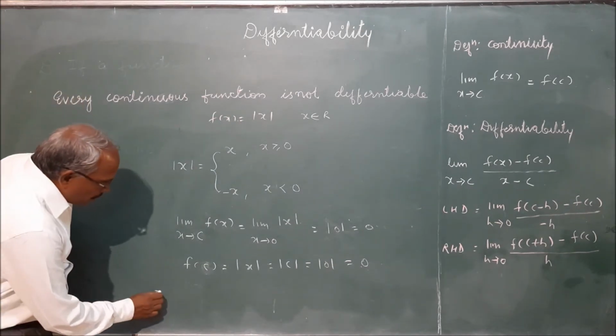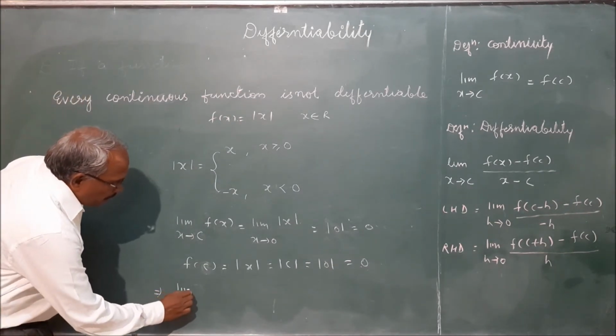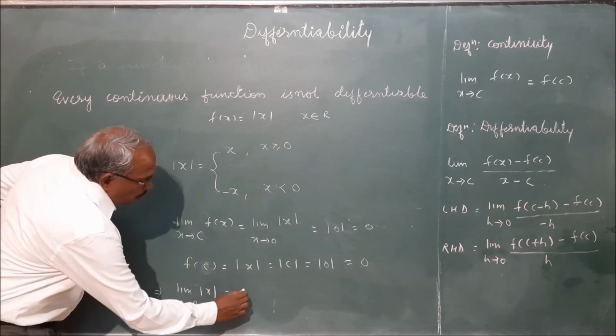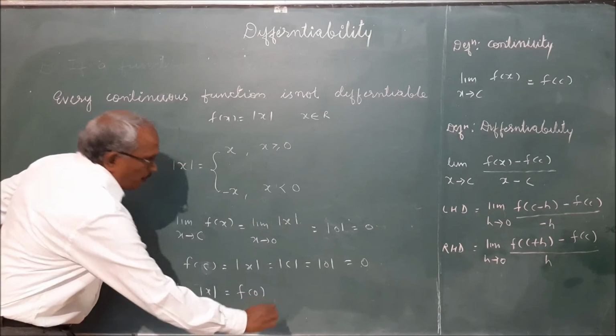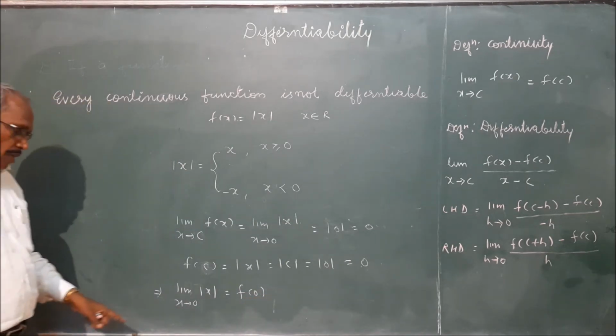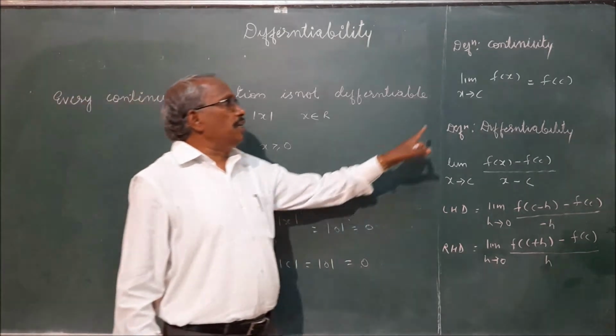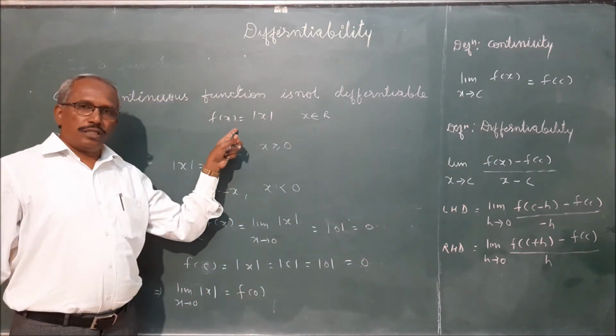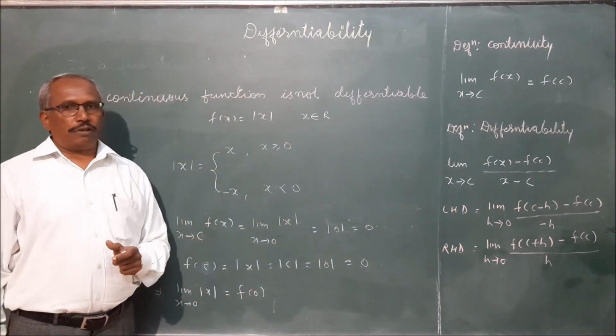So this implies limit x tends to 0 of mod x is equal to f(0). By the definition of continuity, we can say that the given modulus function is a continuous function.